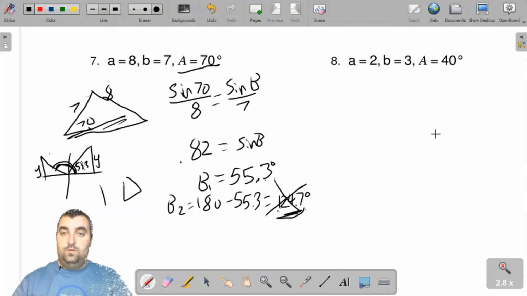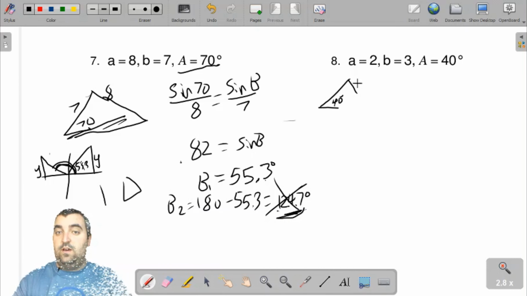Okay. So this last example here, same idea, and you guys could probably guess what's going to happen. Because I want to show you all the stuff. So this is 2, this is 3, so this is not bigger than this, but we don't know if it's bigger or not than the height, because I don't draw a line to scale.